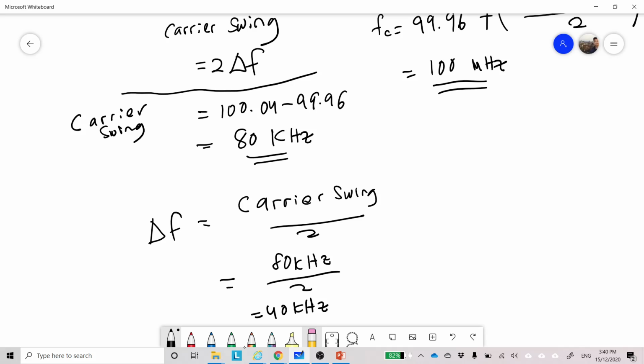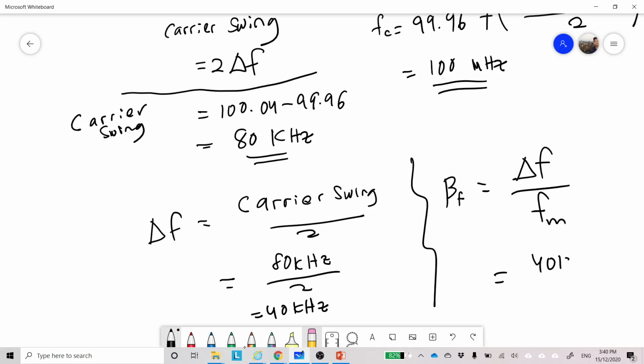Okay. How much is the modulation index? So modulation index, beta F, is equal to delta F divide with Fm. So delta F adalah bersamaan dengan 40 kHz.